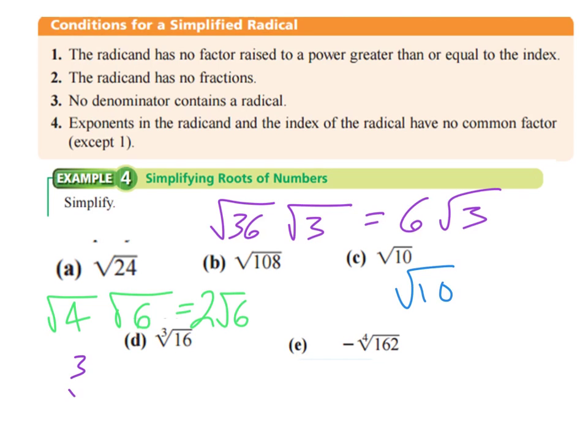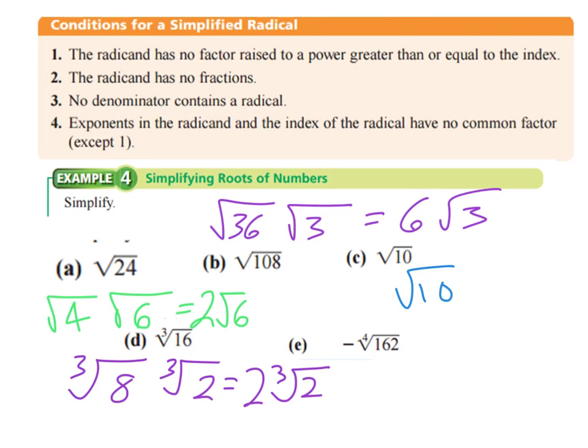So now it's a little different because we're thinking of, okay, what perfect cube factors are there for 16? Well, 16 is 8 times 2, and 8 is a perfect cube. So we can cube root the 8, we get 2, and then the cube root of 2 has to just stay there. So 2 cube roots of 2 for that one.